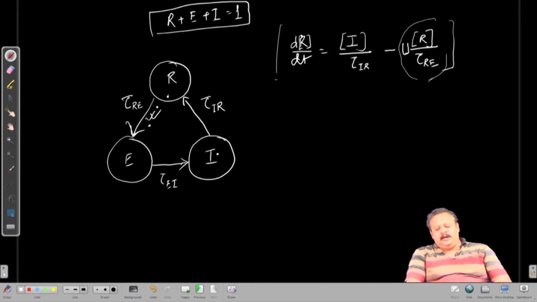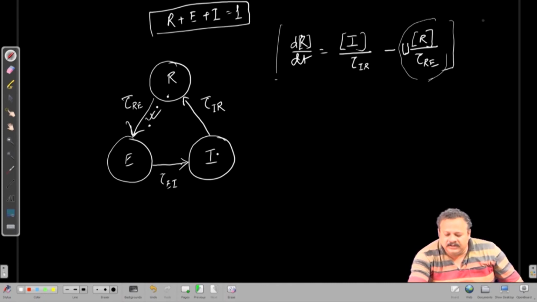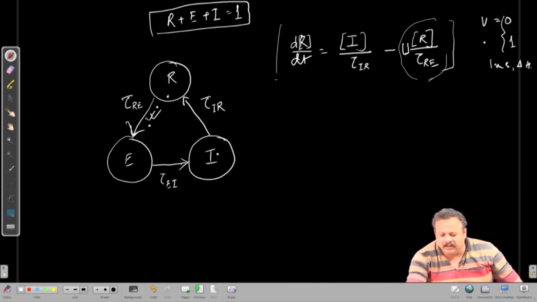spikes, which may be indicated by U, where this U is generally 0 and will be considered to be 1 for a brief 1 millisecond period or some short delta time period, and then it will go back to 0.